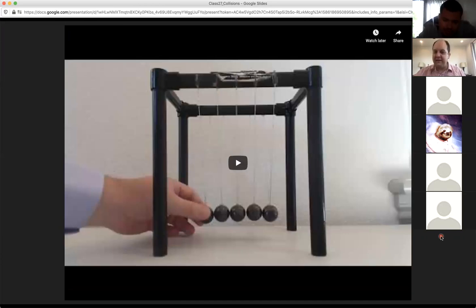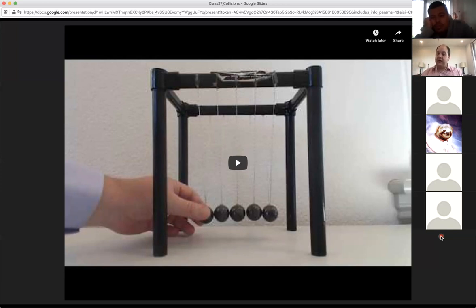Sorry about that. Okay, so right before I let it go, the system has no momentum. But then once I let it go, the system gets momentum, right? That ball accelerates downward along that arc until it hits the next one. So the key when we talk about conservation of momentum is identifying your system.